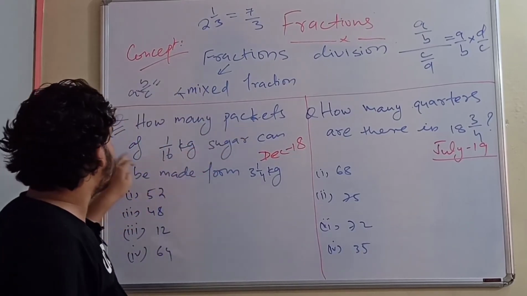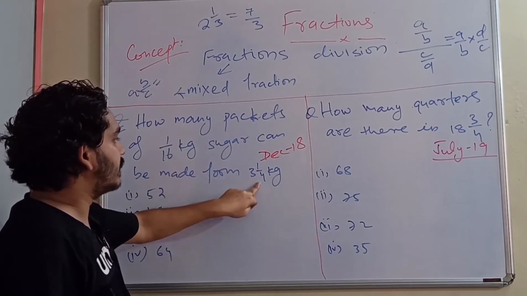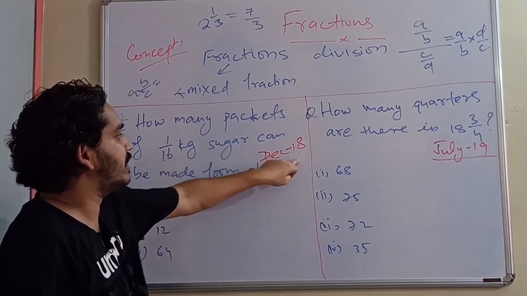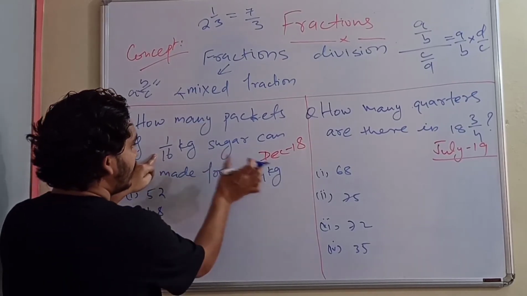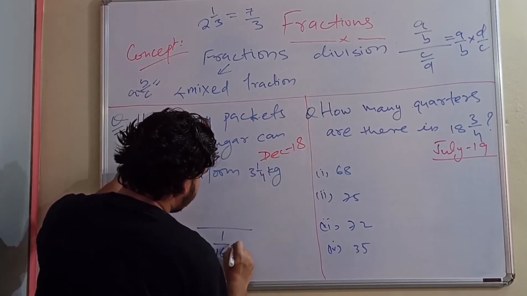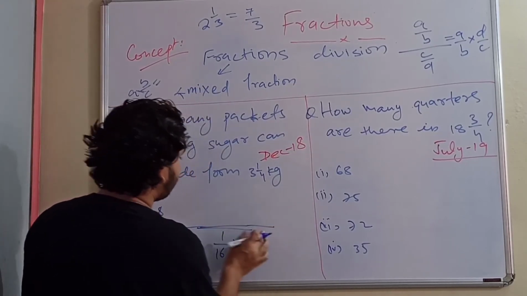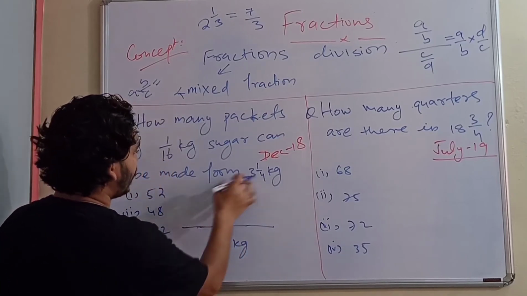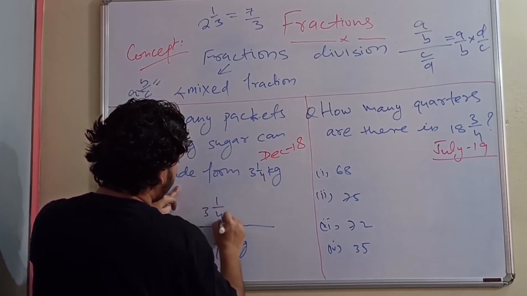How many packets of 1 by 16 kg sugar can be made from 3 1 by 4 kg? And this question came in December 18. So each packet contains 1 by 16 kg. Fine. And totally how much weight do we have? What is the total weight of sugar we have? 3 1 by 4 kg.